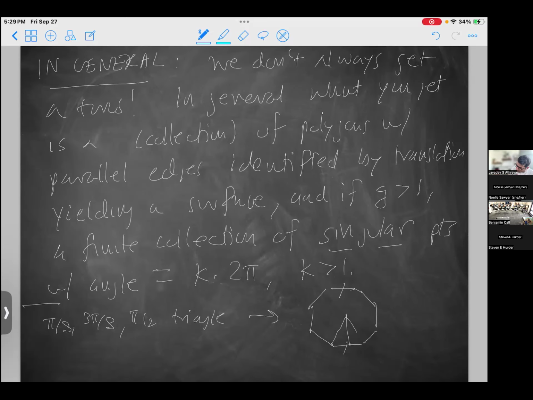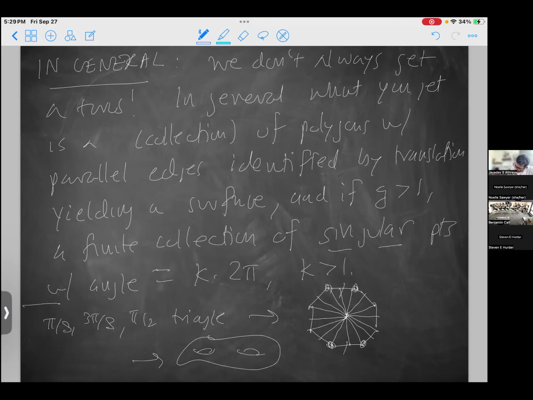And you can see several copies of this original triangle in the octagon. If you cut up an octagon into 16 triangular pieces, like an extra large octagonal pizza, each of those pieces is a pi by 8, 3 pi by 8 triangle. There's 2 pi over 16 on the inside. And if you take this, you in fact get a genus 2 surface. You get all of these opposite sides identified.